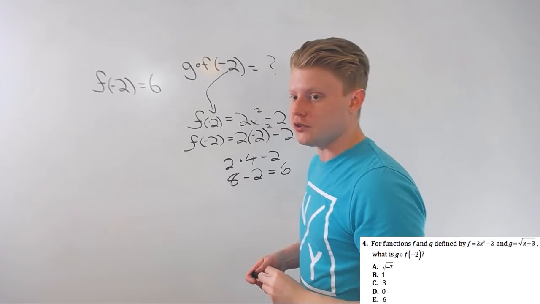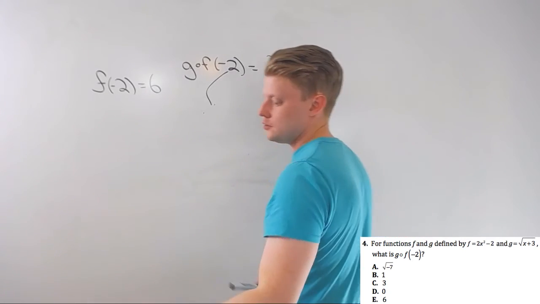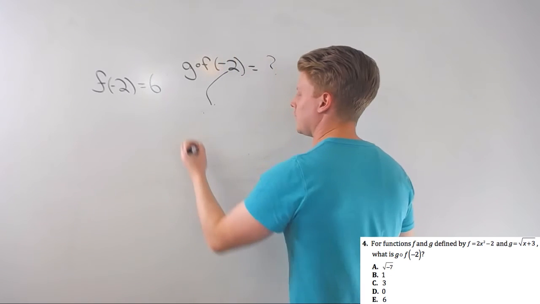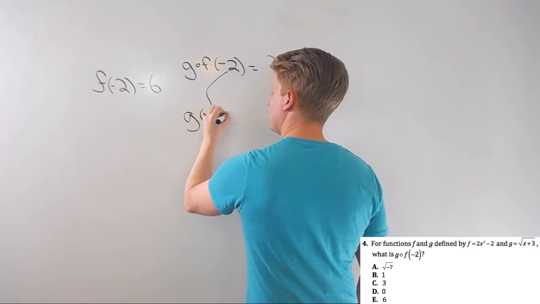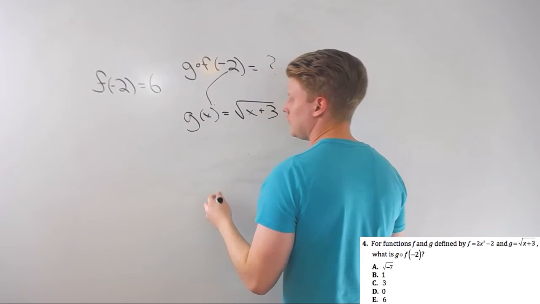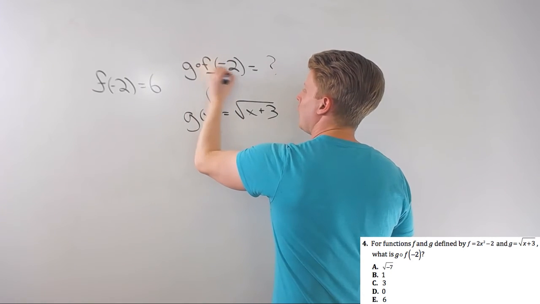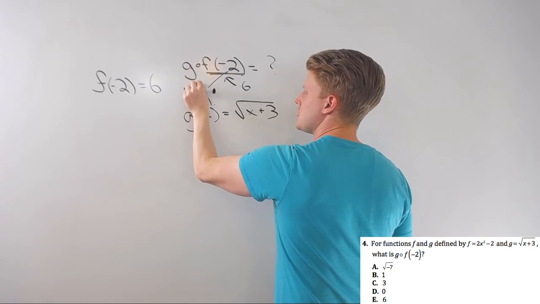Now, take a look at g of x. g of x, if you recall, was square root of x plus 3. My output here is 6. That's the input for g.